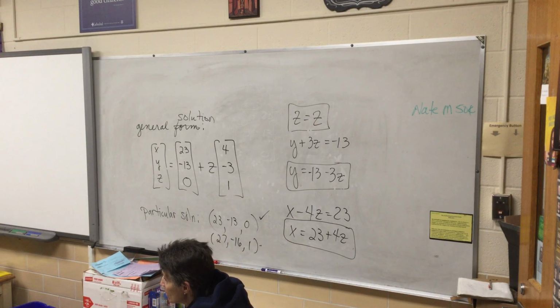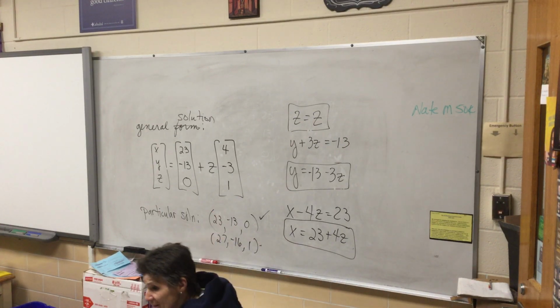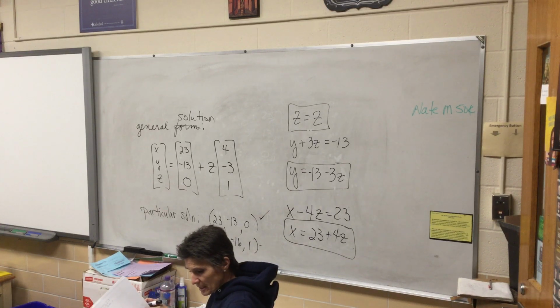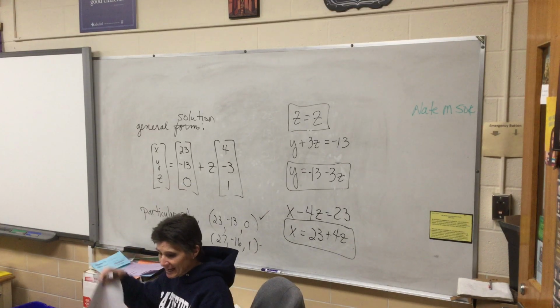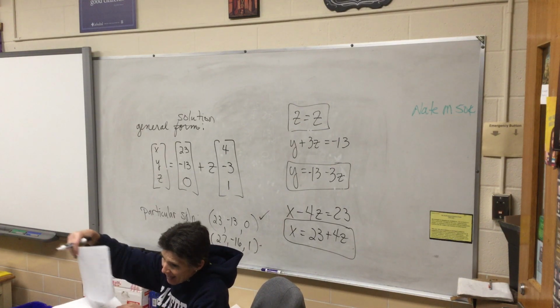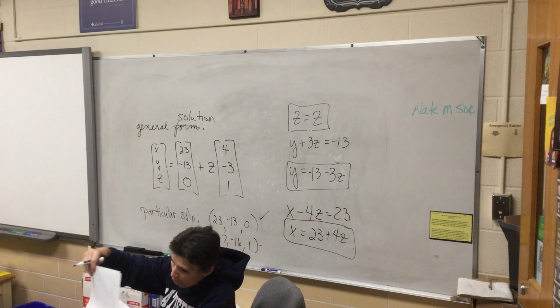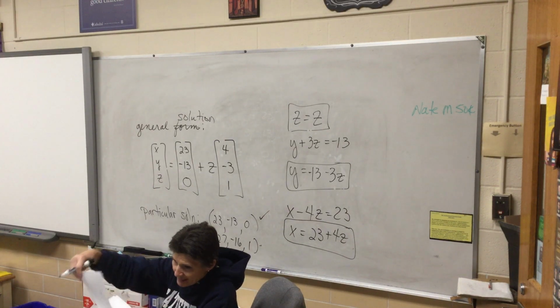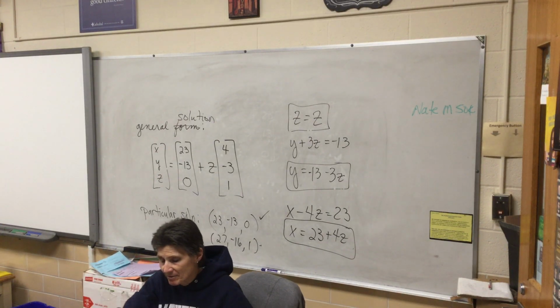Well, what's happening here is we still have 3 planes, but they're not coming together in a point, they're coming together in a line. It's like having this piece of paper and this piece of paper, and then another piece of paper, and they're all meeting right there in a line.